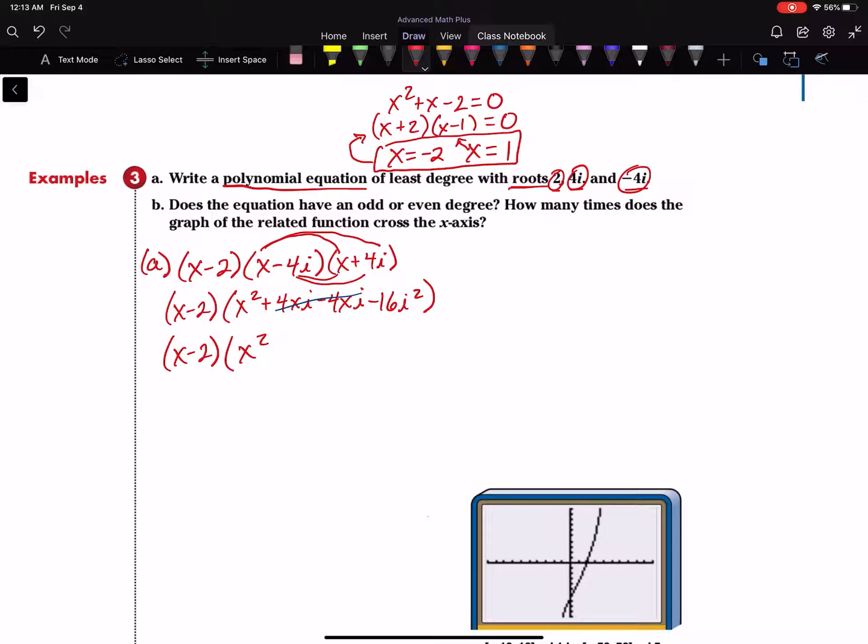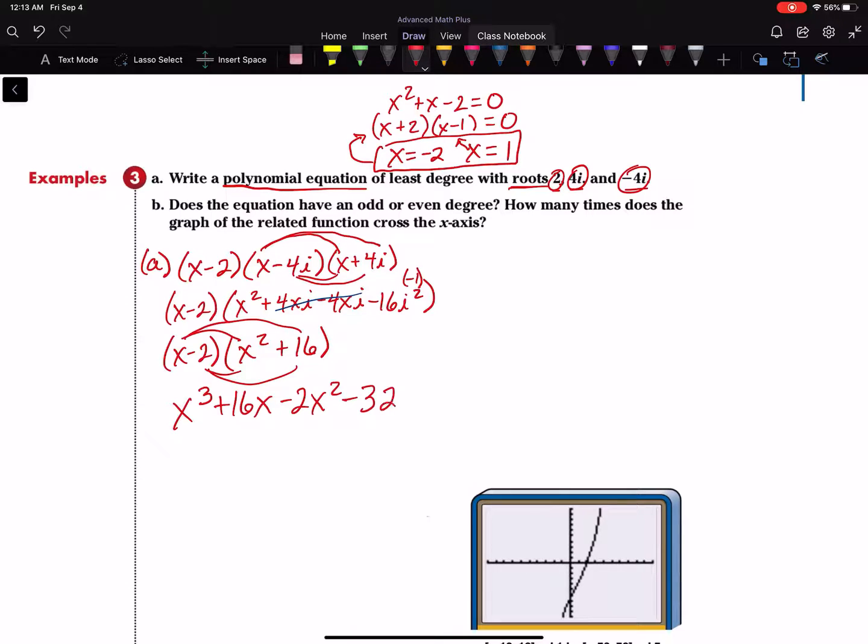And now here's what I was talking about earlier. i squared equals negative 1, excuse me. So this is like saying negative 16 times negative 1, which is positive 16. And then we multiply that out one more time. So x times x squared is x to the third plus 16x minus 2x squared minus 32.